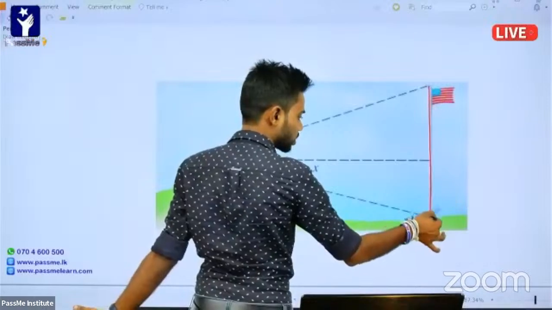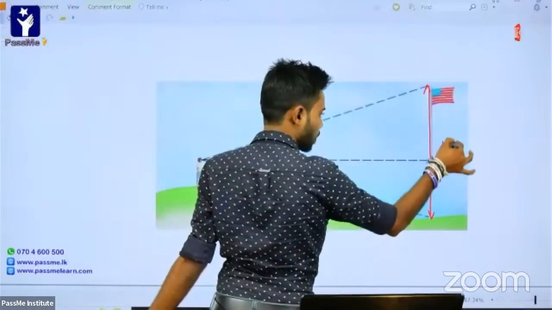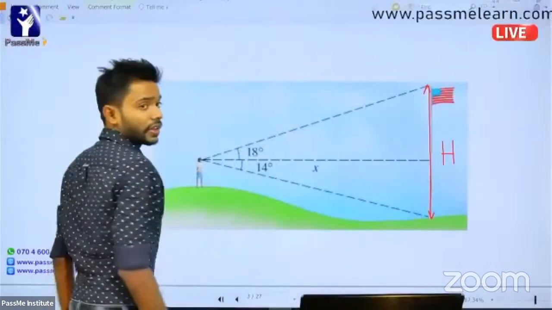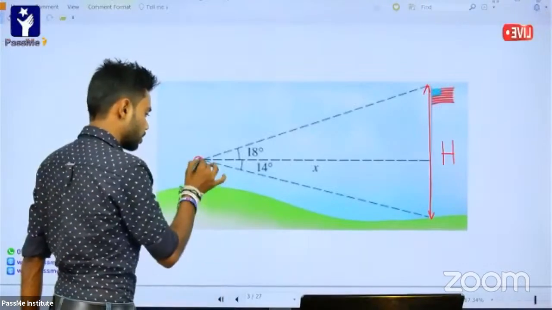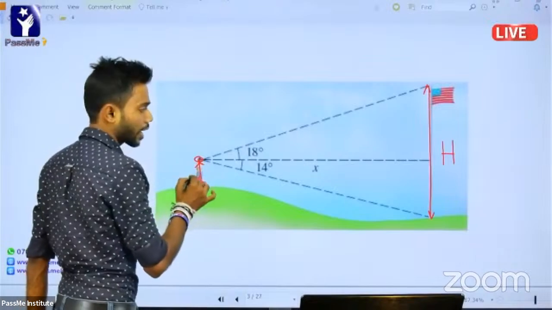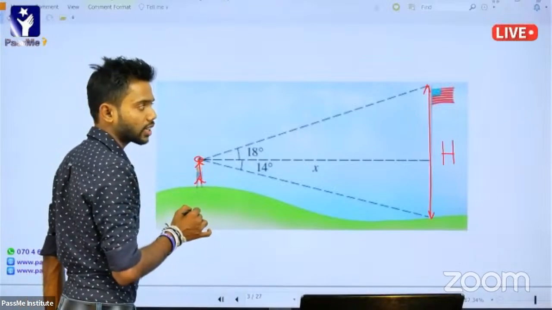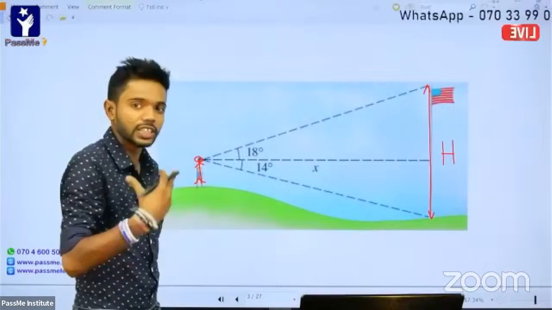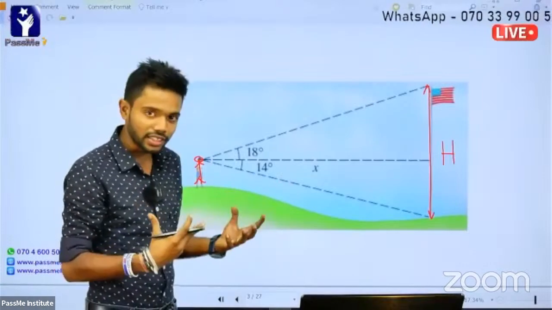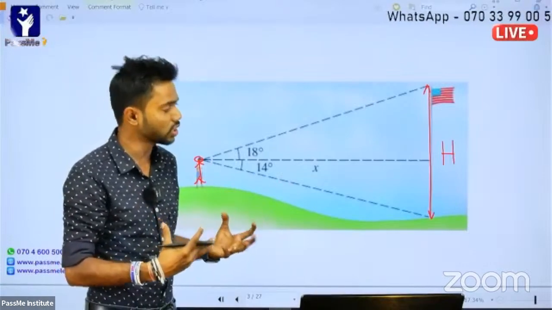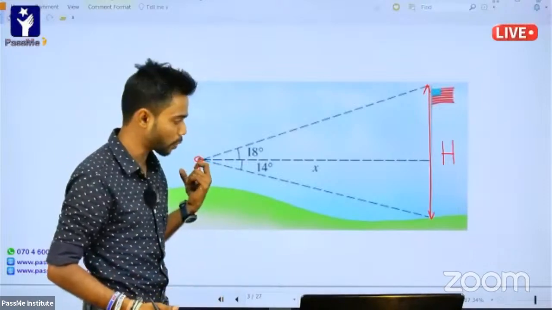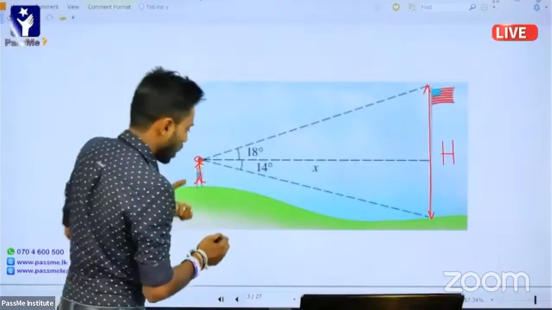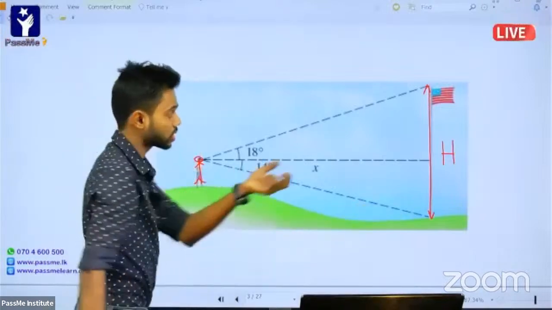Let's assume that this is the height H. Now since I am in this place, I cannot convert this kind of practical situation to one right angle triangle, because I am in this position and it has a height from the bottom of this tower.